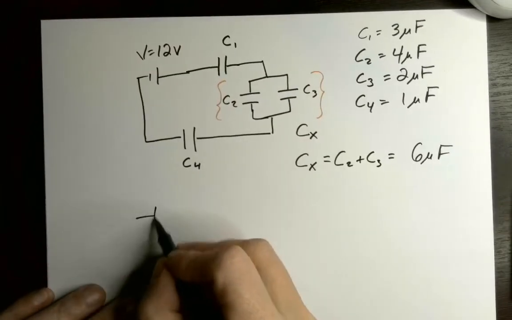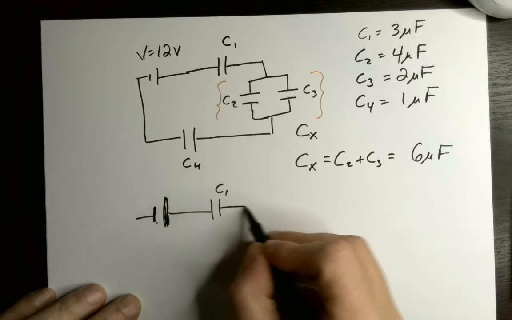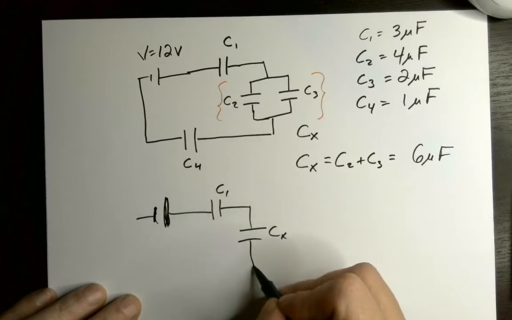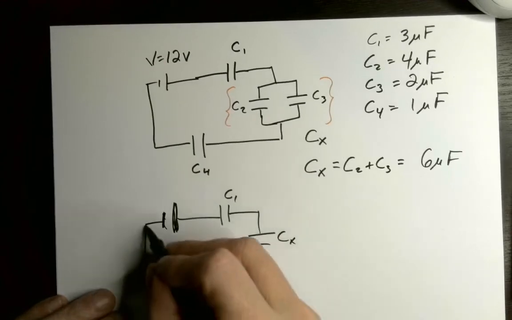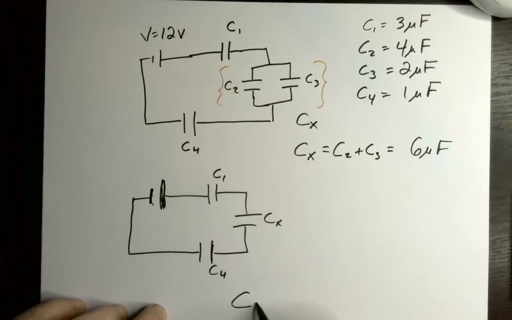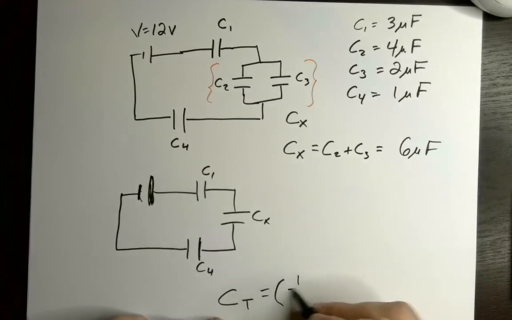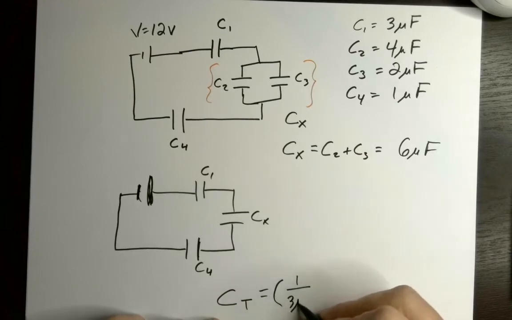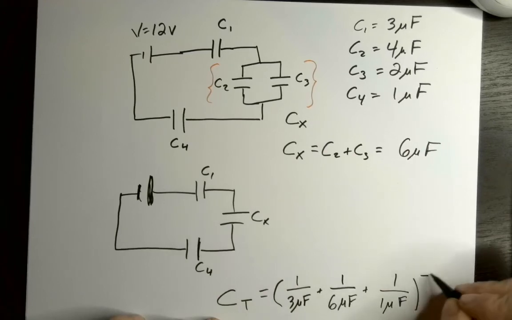And now we can view the whole circuit as C1 in series with Cx, the effective capacitance of those two capacitors together, in series with C4. So C total for these three capacitances in series, you use the same rule as resistors in parallel. We're taking 1 over C1, which is 3 microfarads, plus 1 over Cx, which is 6 microfarads, plus 1 over C4, which is 1 microfarad, 1 over that.